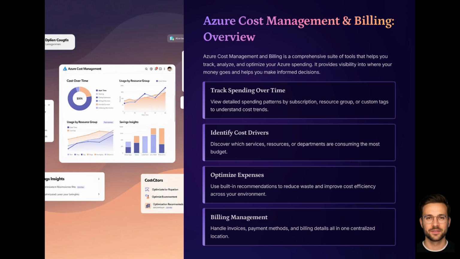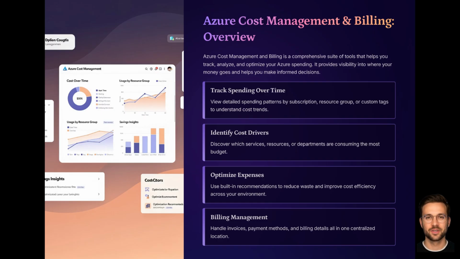Billing, on the other hand, is about invoices and payment methods, billing accounts and scopes, and how charges are organized for your organization. For AZ-900, you are not expected to know administrative details of billing accounts, but you should understand that cost management and billing is the main place to see and control costs in Azure.